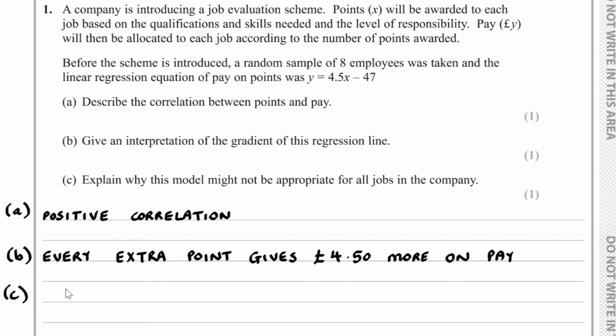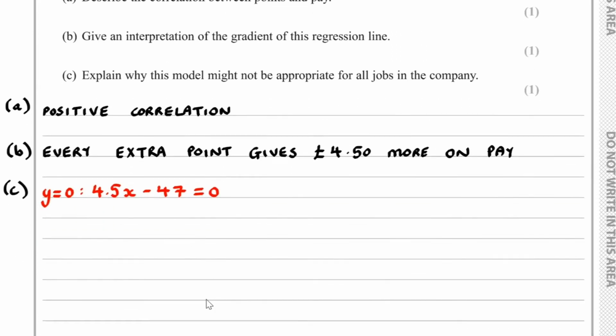And so what we can do is set y equal to 0, and that would give 4.5x - 47 = 0.